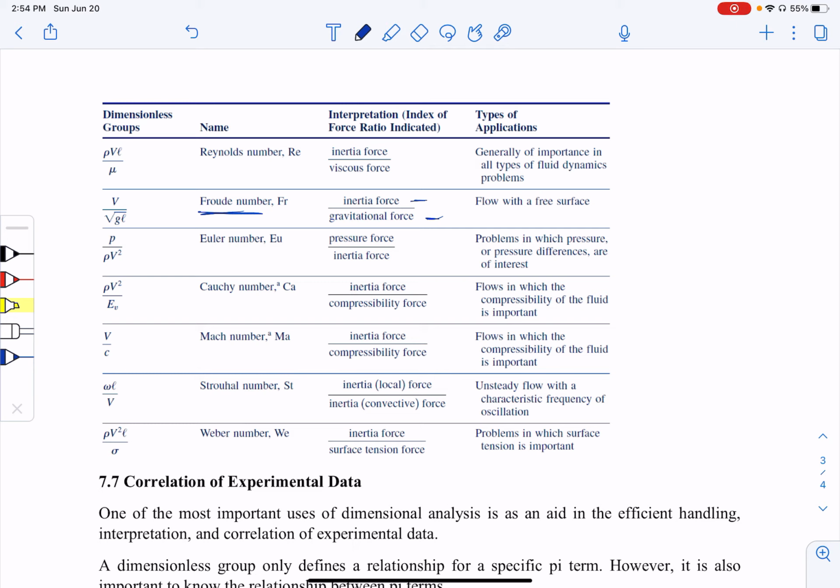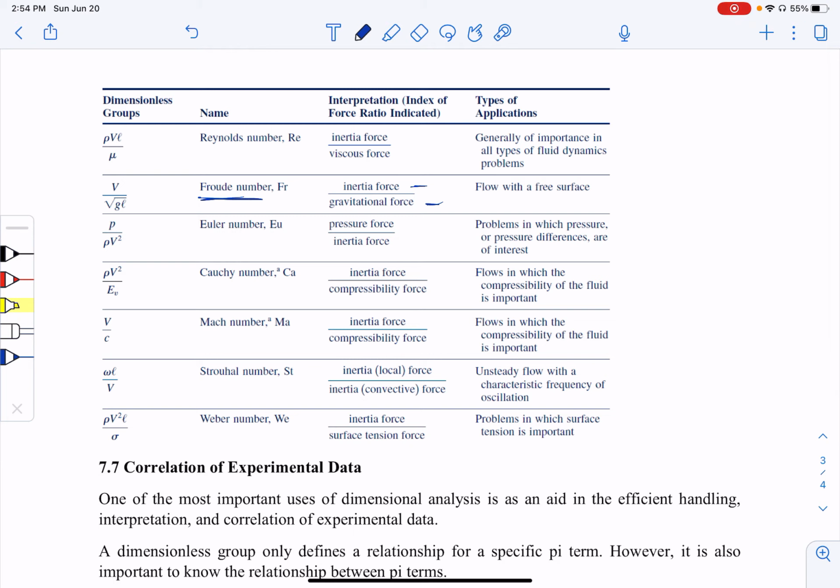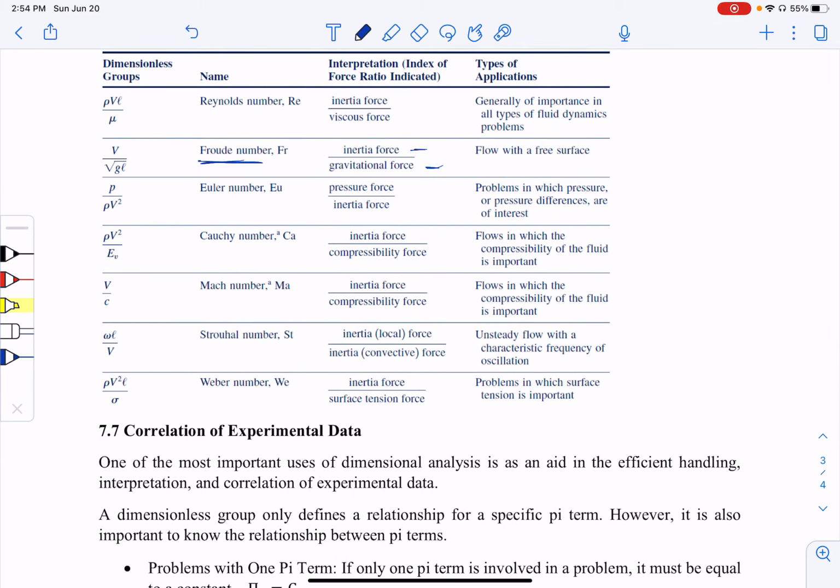So this is how we interpret it: inertial force over gravity. We can also demonstrate it by considering a fluid particle moving along a streamline.